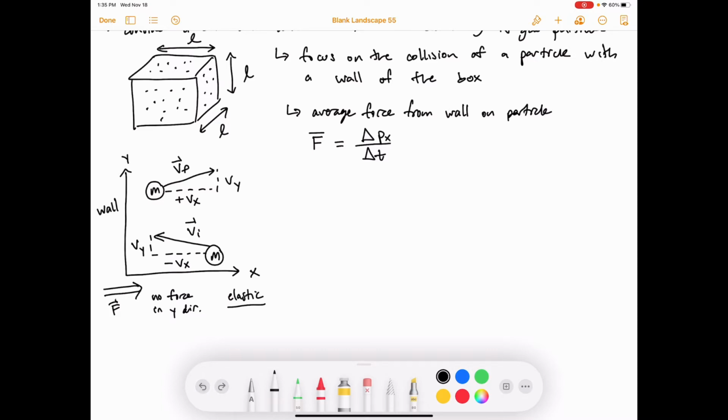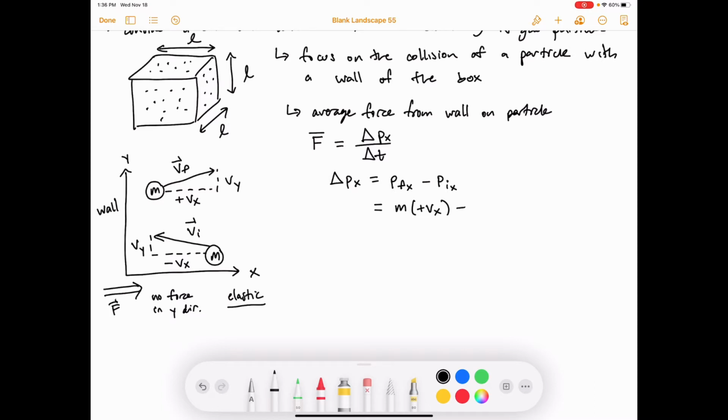Okay, so let's first think about delta px. That's the change in momentum along the x direction because of this collision, which of course would be the final value minus the initial. Okay, well, what's the final momentum along the x-axis? That's going to be the mass of our particle times the final velocity along the x-axis, which if we go to the picture, is positive Vx.